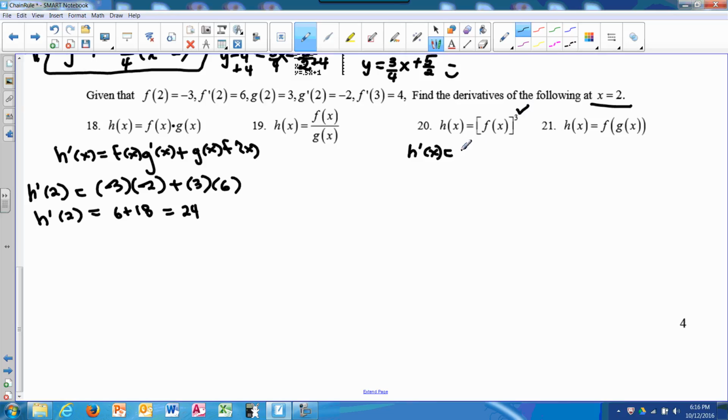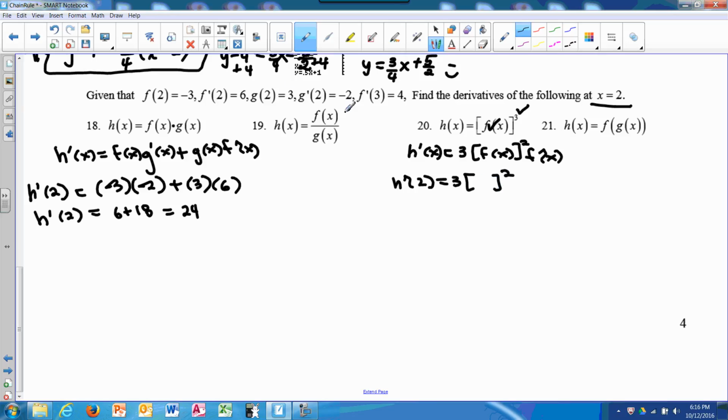So that would be my free response answer. On a multiple choice, I would get +6 plus 18, so 24. Do a similar process for your quotient rule, but you need to practice your quotient rule.